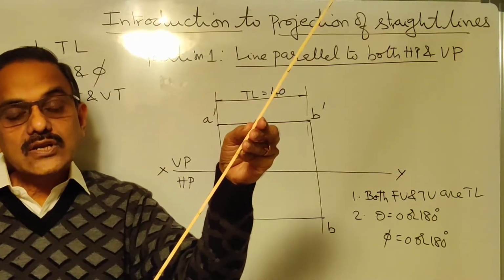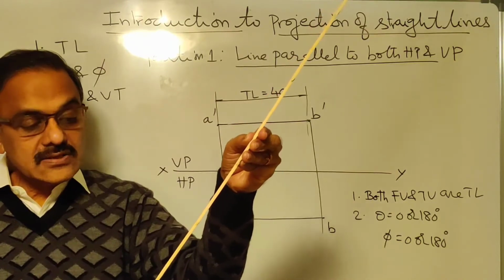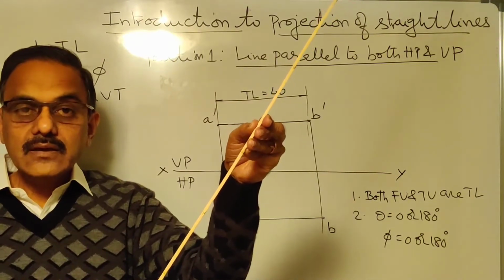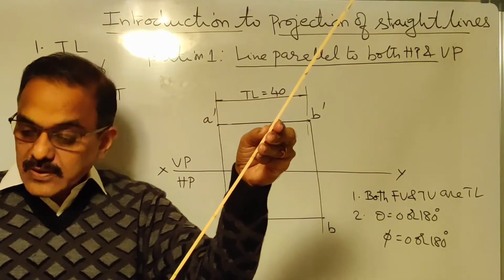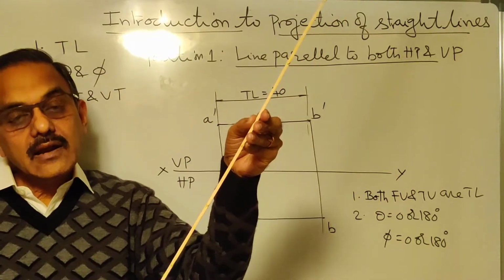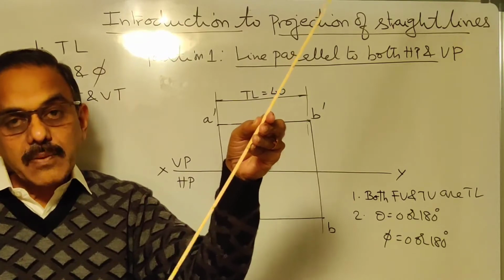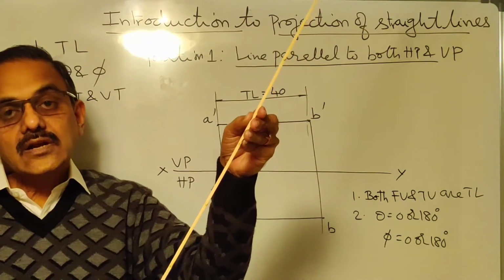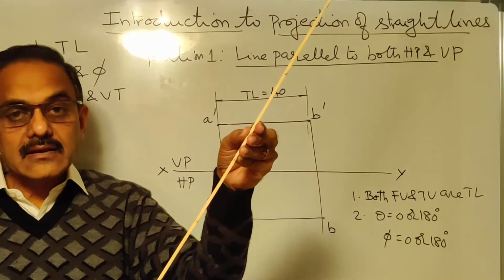That point is what is called the horizontal trace of this line. So when the line is imagined to be extended, the point where the extended line intersects the horizontal plane is called the horizontal trace of this line.